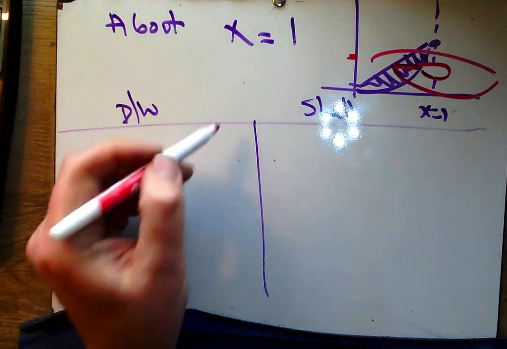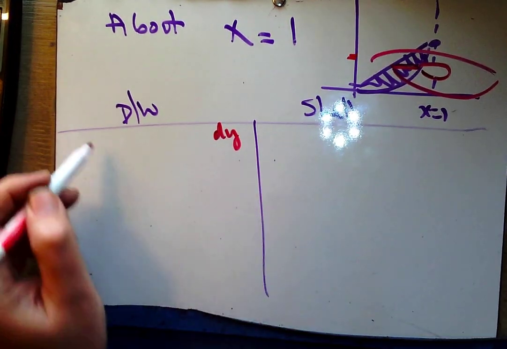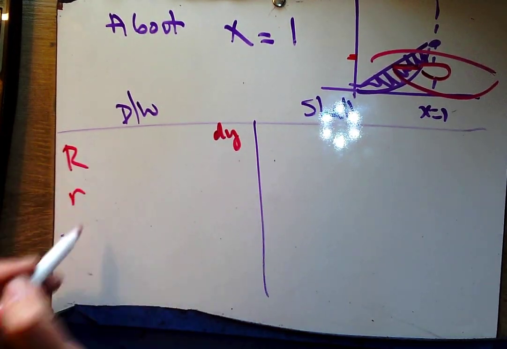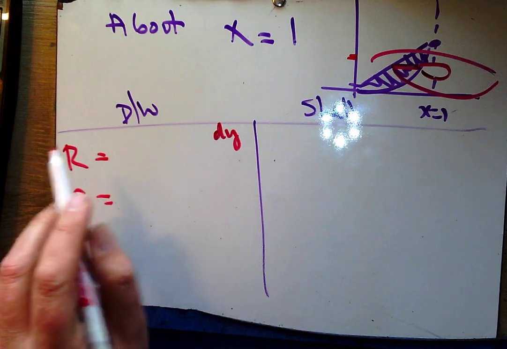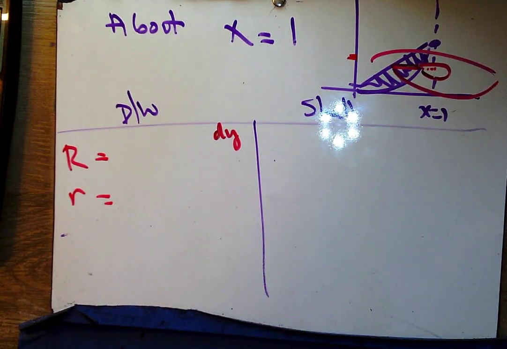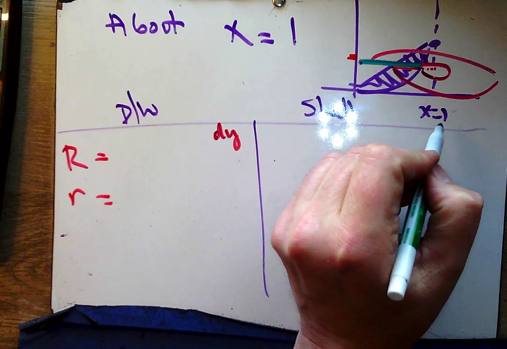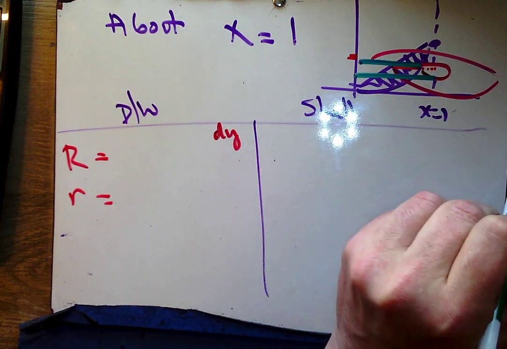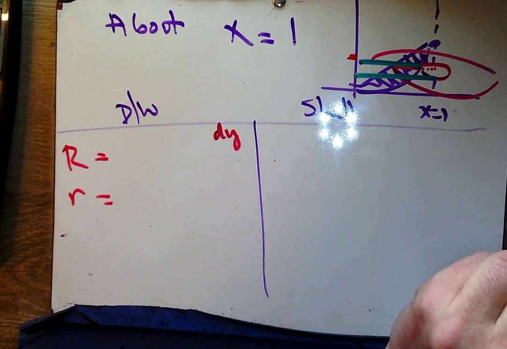Okay, so this is dy, and I know I'm looking for a big R and a little r. Okay, this is little r. This is x, this is 1, and that's little r.